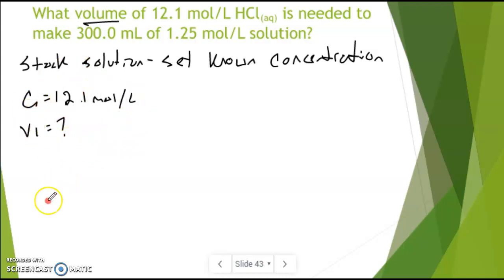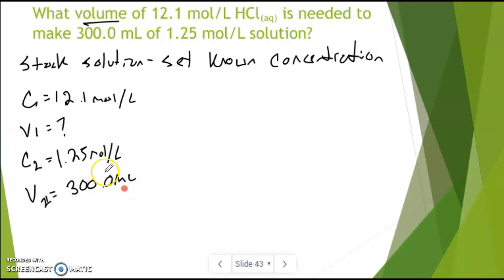We don't know how much of this stock solution we need, but we want to make a concentration of 1.25 moles per liter and a volume of 300 milliliters. We can change this to liters, but we don't need to. The more important thing is knowing that our concentrations are the same and they cancel each other out. Unless it specifically asks for the final volume in liters, you only need it in milliliters here.